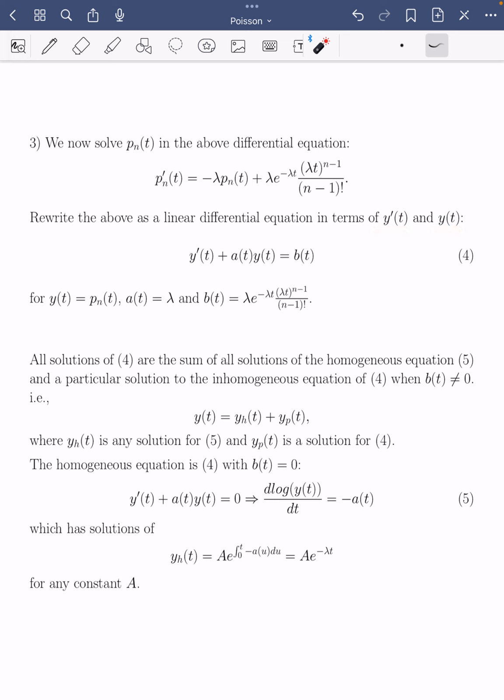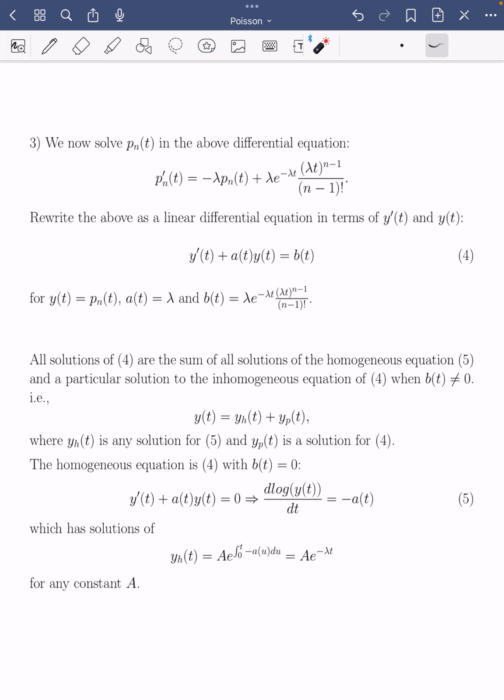So this means that we have an equation like y'(t) plus a(t) times y(t) equal to b(t). So in this case, y(t) is equal to P_n(t), and a(t) actually is equal to a constant which is equal to lambda, and b(t) is equal to this form.